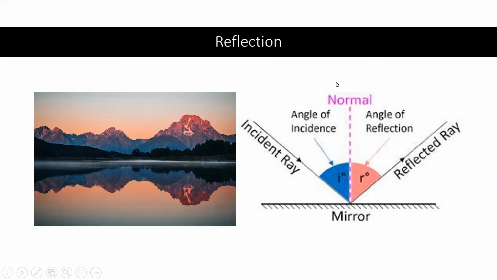This is called a normal, a line that we draw at right angles to the surface of the mirror. So the angle of incidence and the angle of reflection are the same. As you can see here, the top of that mountain lines up with that. In reflection, light travels in straight lines, and it's reflected back. There will be more videos on reflection, but those are the same angle.